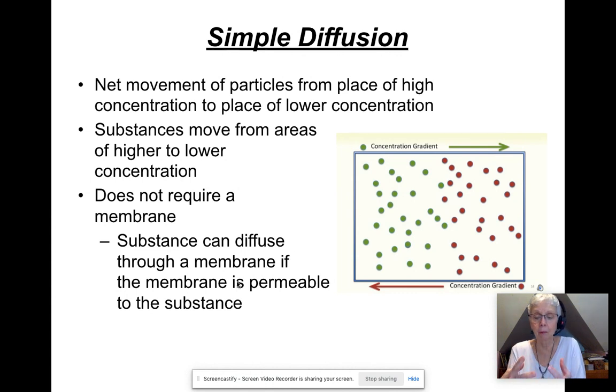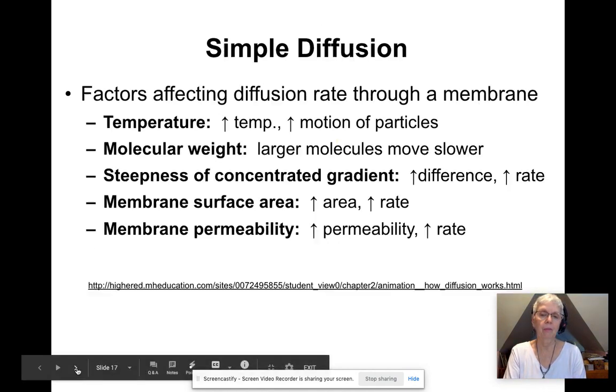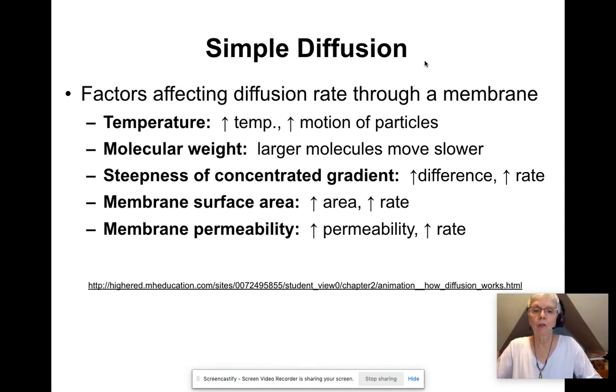So it has to be a permeable membrane, and we move from an area of high concentration to an area of low concentration. With simple diffusion, though, there are some factors that affect this. So how quickly the diffusion happens can depend on temperature. The higher the temperature, the faster it moves.